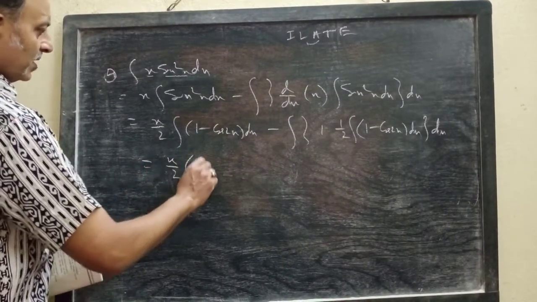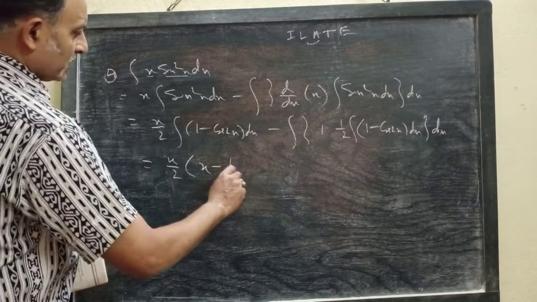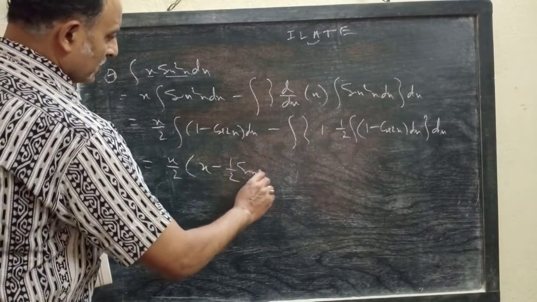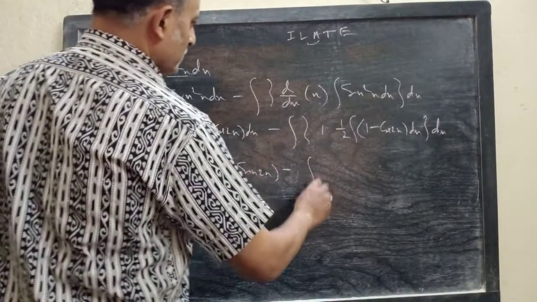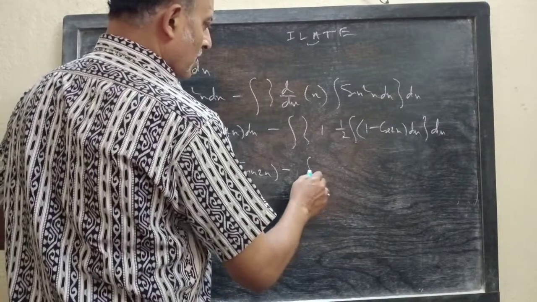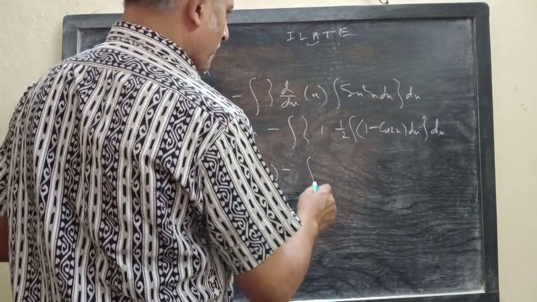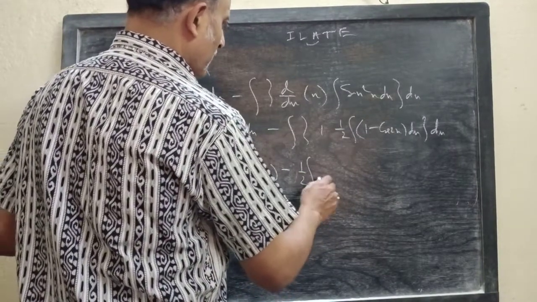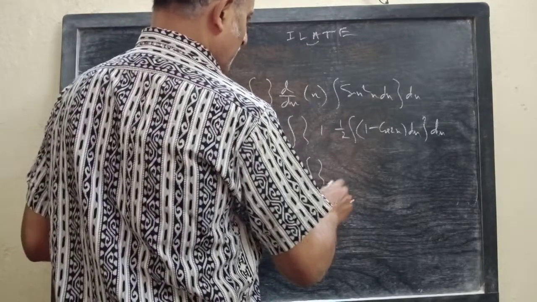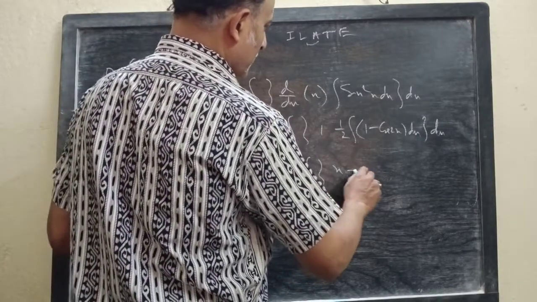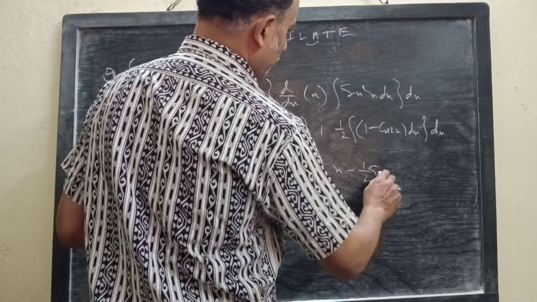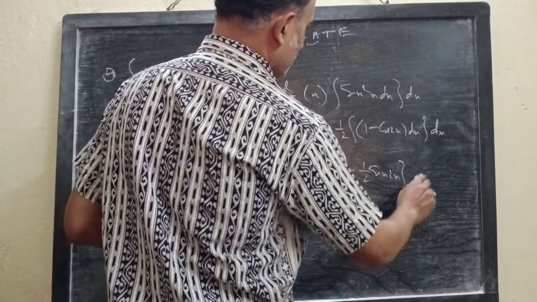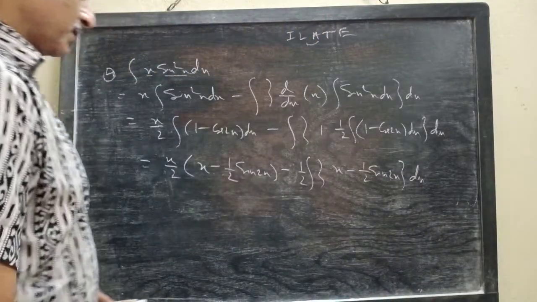This will be x by 2 times x minus half sin 2x, minus integration, half lies outside, second bracket 1 is x, half sin 2x, then dx.